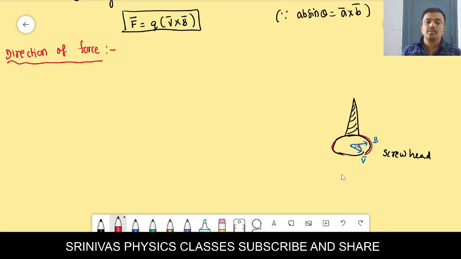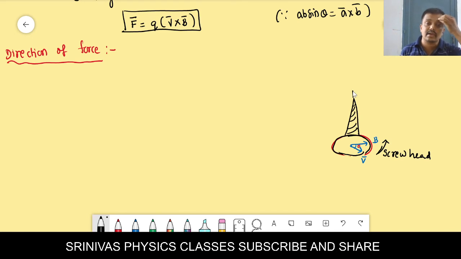Now when you rotate the screw from V to B, what happens? When you rotate the screw from V to B, like this, the screw advances in a particular direction.